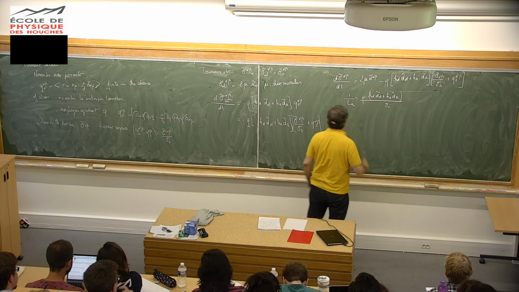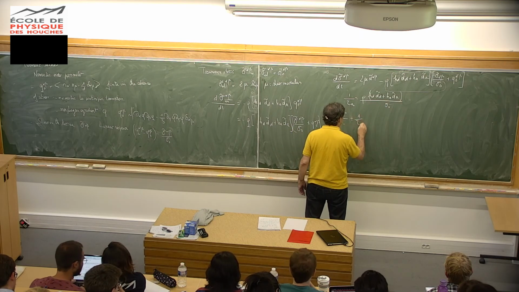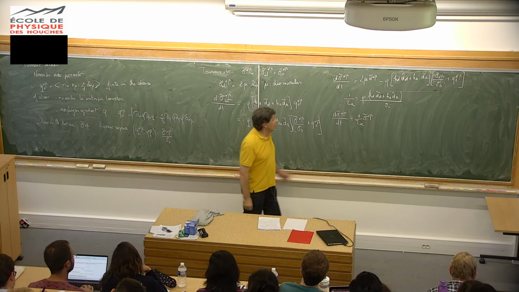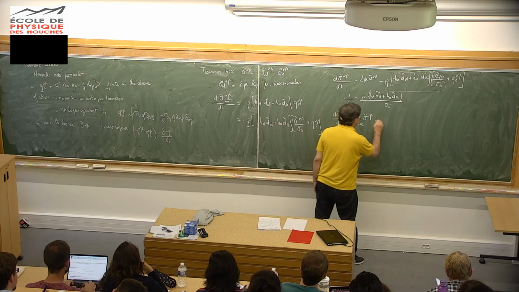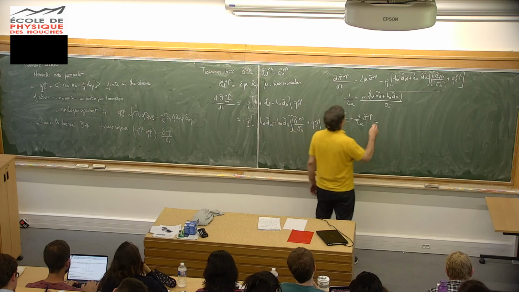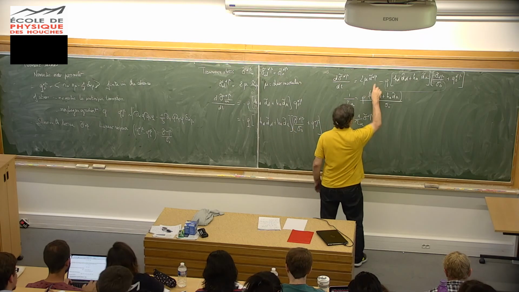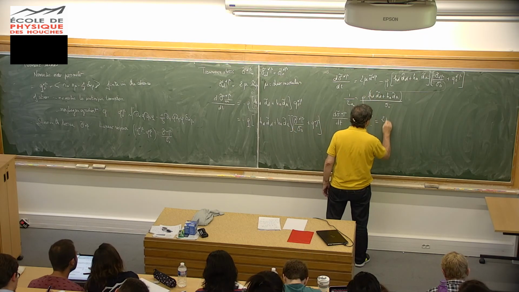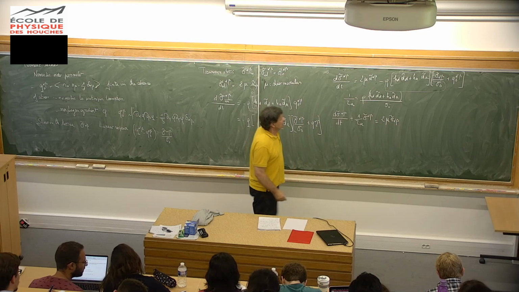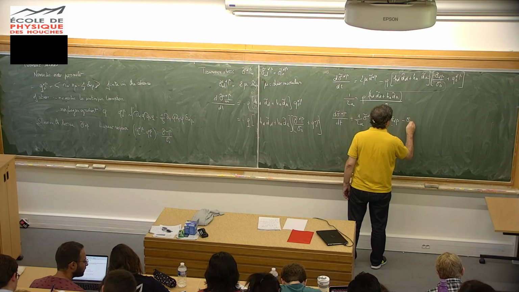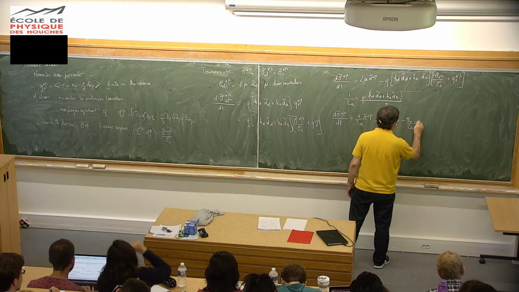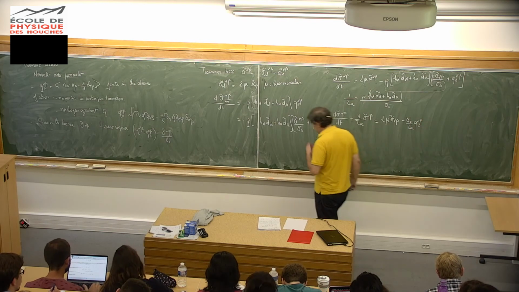This gives me plus one over tau A sigma alpha beta, which is the viscoelastic relaxation. I have the viscosity term, 2 mu v tilde alpha beta, minus sigma 0 over tau A, q alpha beta 0.